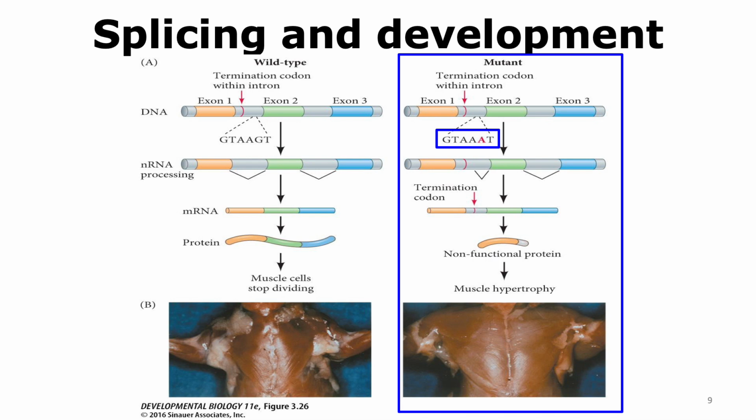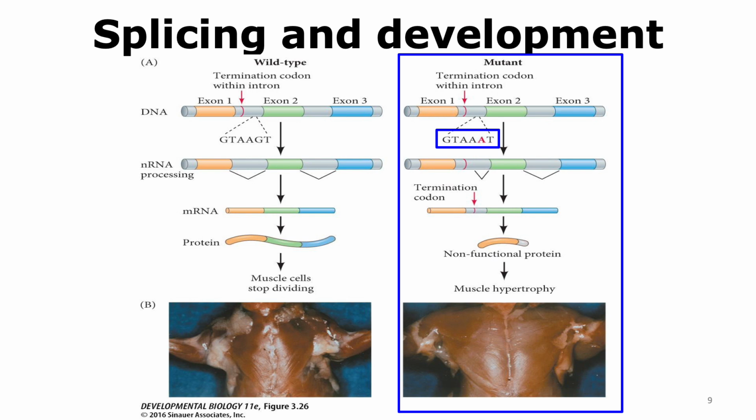Now, what can happen is alternative splicing can occur using that splice site that got generated because of the mutation. And now what happens is that the messenger RNA that is produced actually has part of the intron between exon 1 and exon 2. And this is the part of the intron that actually has the termination codon.